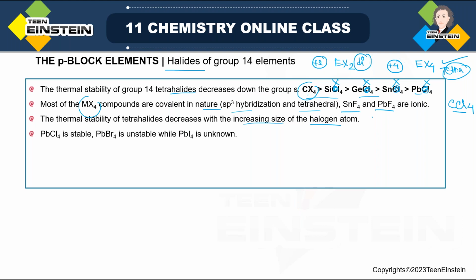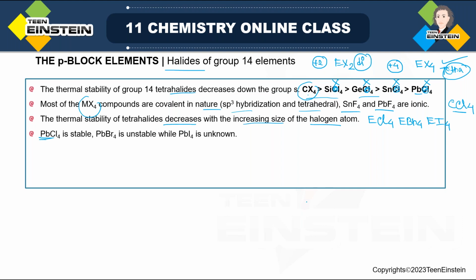Suppose you have fixed it to E, any particular element. So what about the stability of ECl4, then EBr4, and then EI4? We have fixed the element, but we are changing the halogen. With increase in the size of halogen, thermal stability is again decreasing, which is clear from this example.